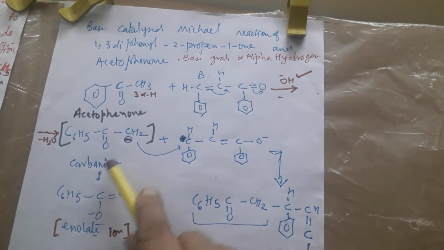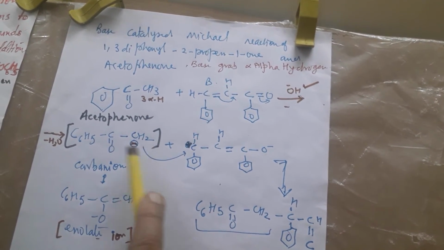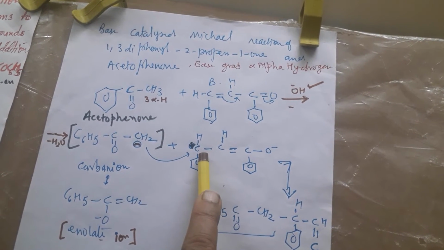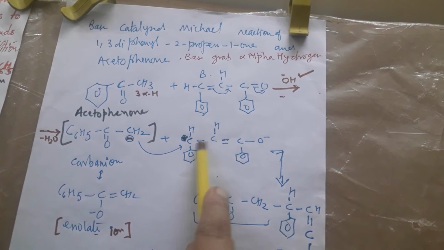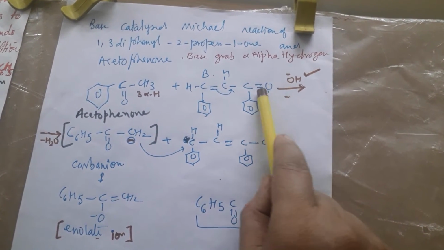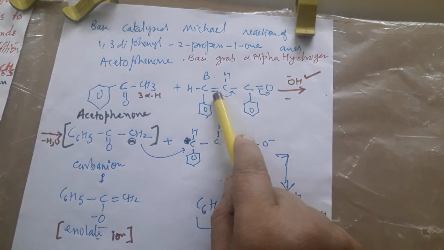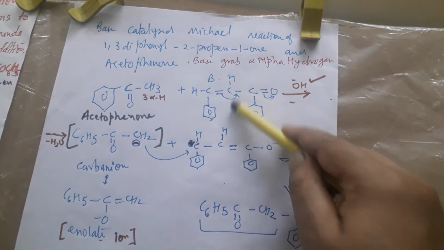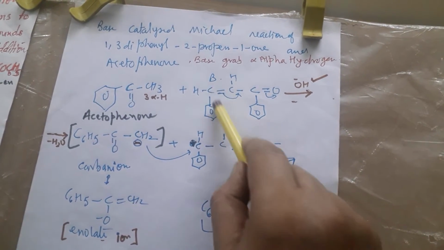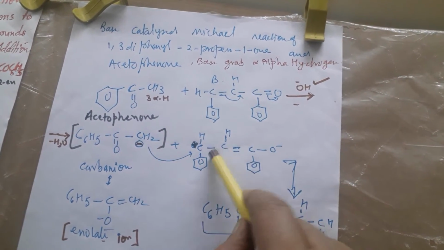Okay, but we have to discuss this carbanion, because the carbanion is acting as a nucleophile and it will attack the beta carbon. As in the previous case, O becomes negatively charged, so this electron pair shifted to this carbon. So see here, compare these two structures. Now it is having a double bond, and now this carbon is having a single bond because the electron pair transferred over here.